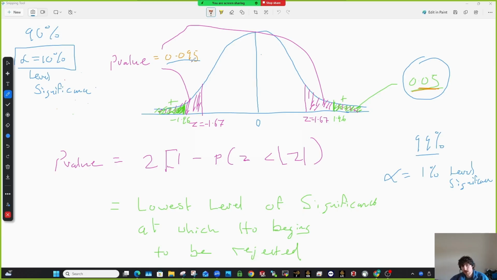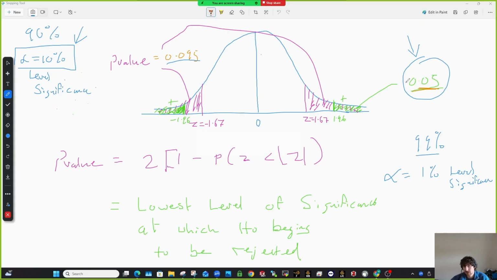If the rejection region is set when alpha is 10%, this p-value is smaller than it. So in this scenario, you would actually reject H0 if alpha was 10%, but you do not reject it at the 5% it was in this question.